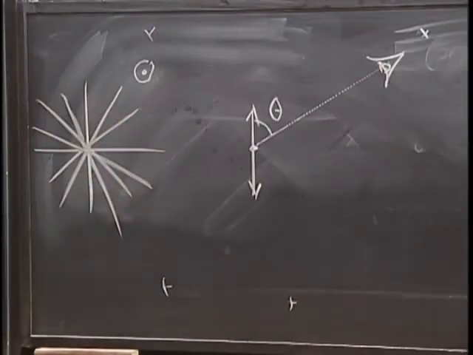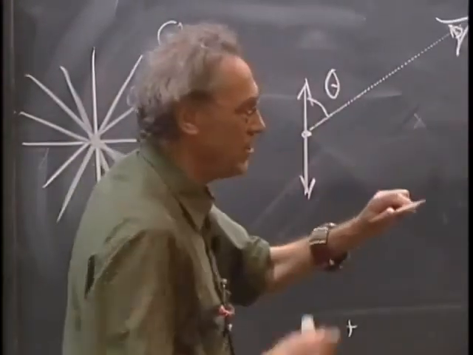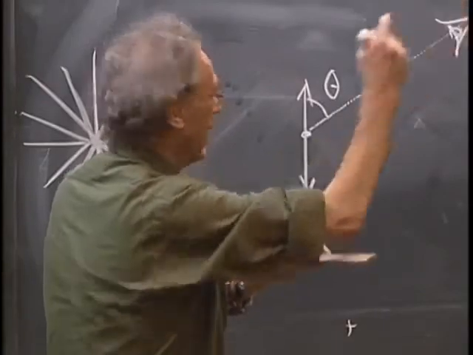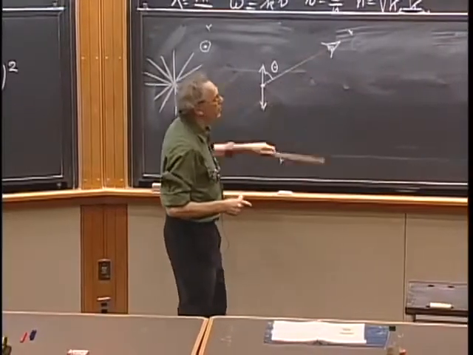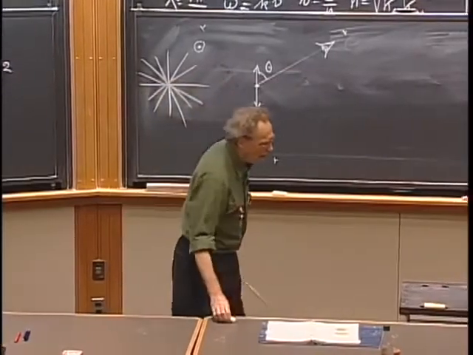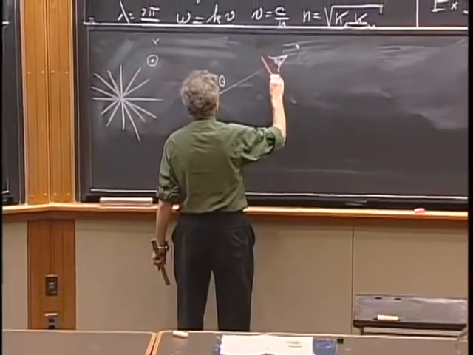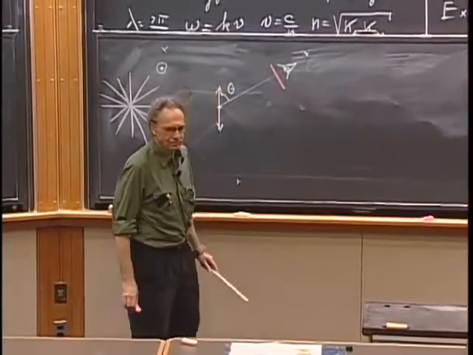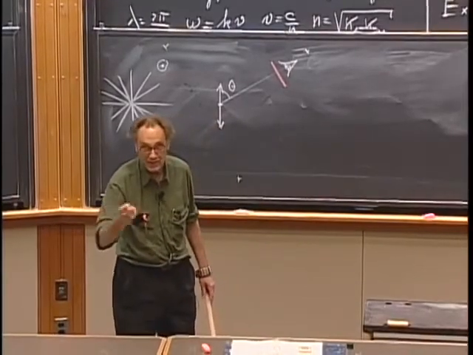This is not 90 degrees, but that all is 90 degrees. Radiation comes in like this, whoosh, and I'm looking there. But it is in the plane through R and A, so it is in the blackboard. It is perpendicular to R. That's nice. So it's linearly polarized. Do we agree? Linearly polarized.